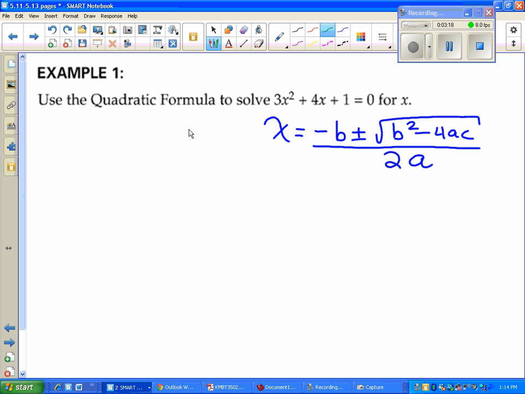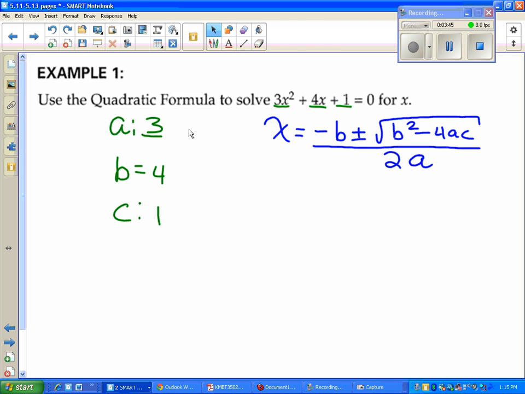What is a? A is 3. What is b? B is 4. What is c? C is 1.